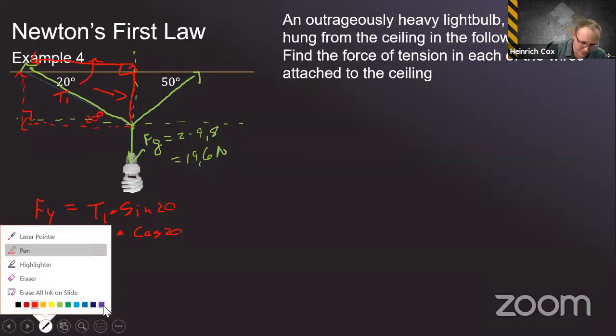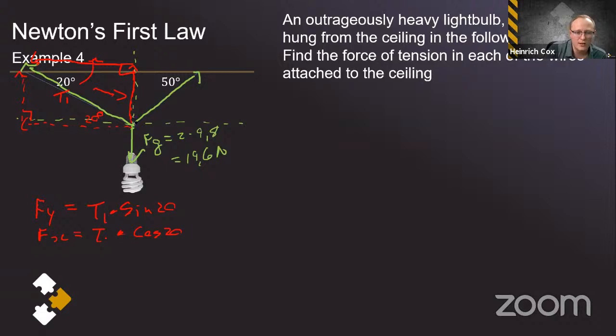Then if we go and do the other one, we can do the same thing, right? So here you'll have a y component going up in that direction, and you'll have an x component going towards the right there. Now in this case, this 50-degree angle is opposite that y component.